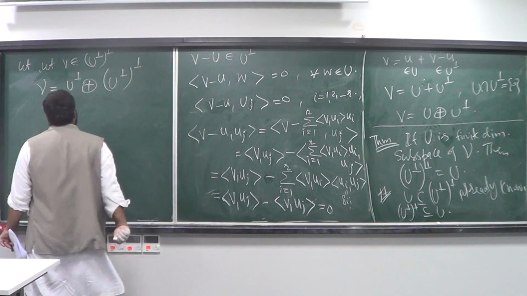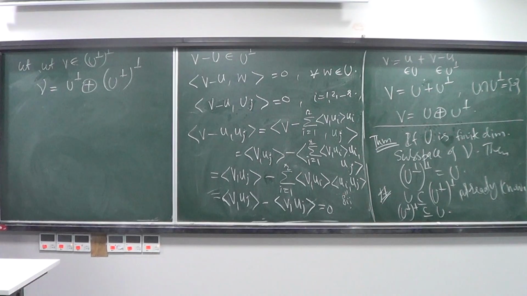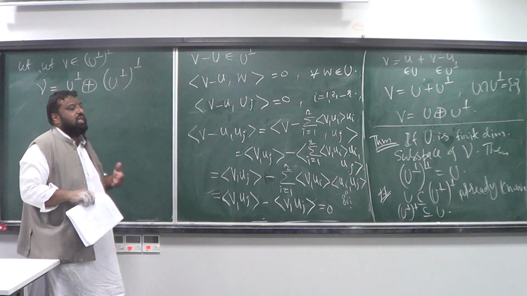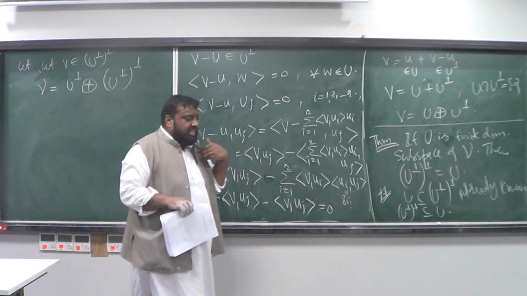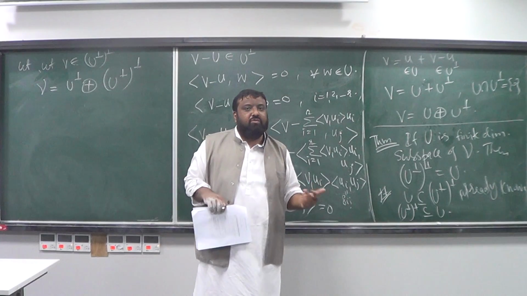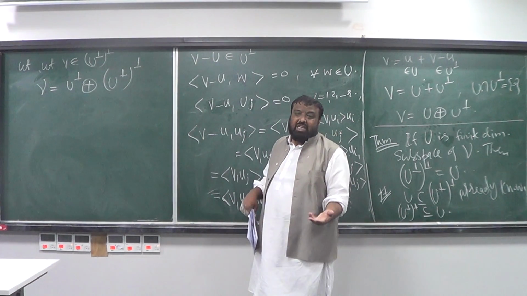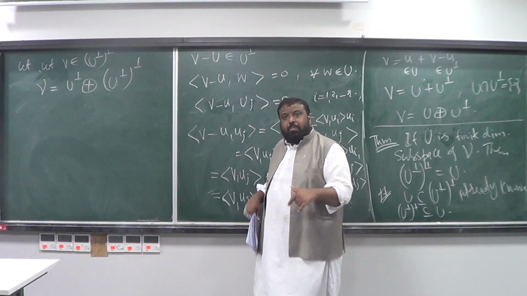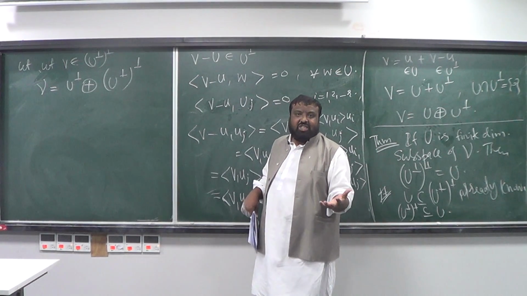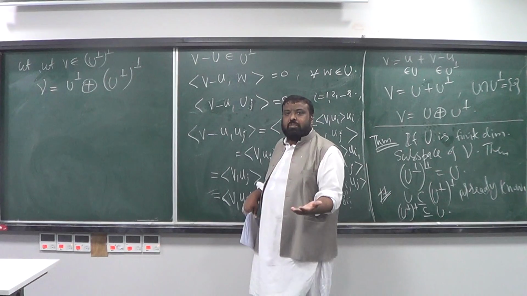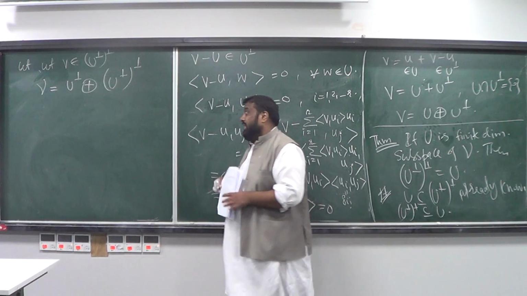This is something that we know from the previous theorem that we just proved: if you take any subspace and consider its perp, their direct sum is equal to the entire space. And we know that U perp is itself a subspace.